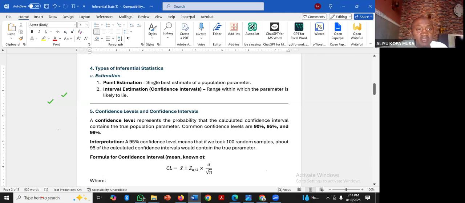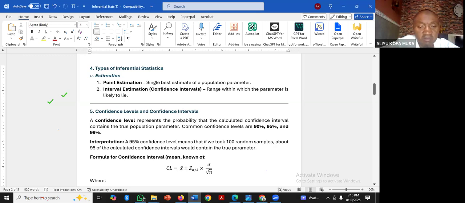Then you say it's likely that you are going to find him between so-so house and so-so house. That is your confidence interval. So the mean is going to lie between 10 and 15, or between 100 and 120. That's the confidence interval. So these are the basic two types of inferential statistics.